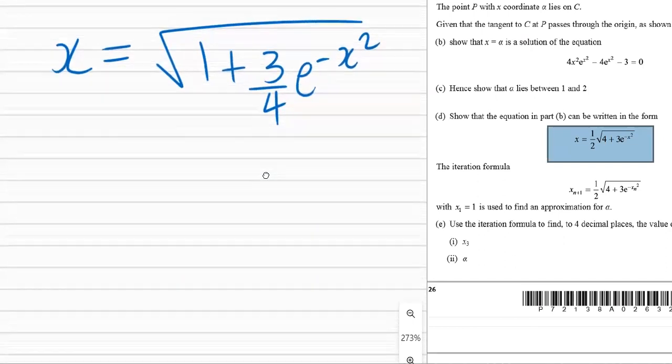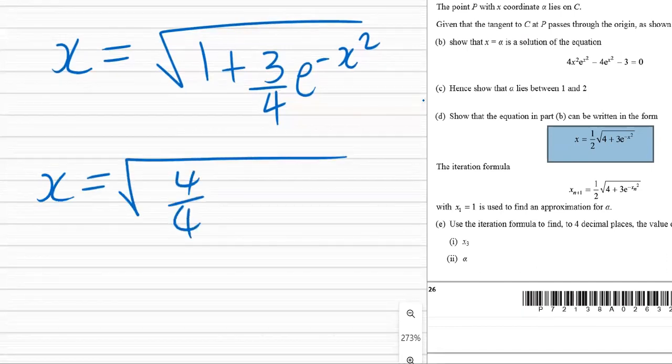Okay, still doesn't quite look right. I'm going to try writing 1 as 4 over 4. We write 1 as 4 over 4. So then we've got 3e to the minus x squared over 4.